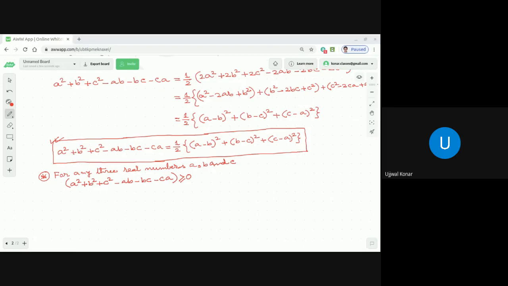Can anyone please say? Under what condition? Is the question clear to you, Manishika? Yes, sir. Okay. The question here is under what condition a square plus b square plus c square minus ab minus bc minus ca is going to be 0?